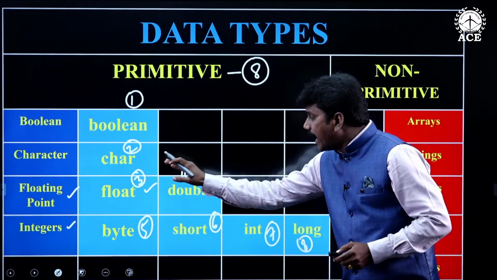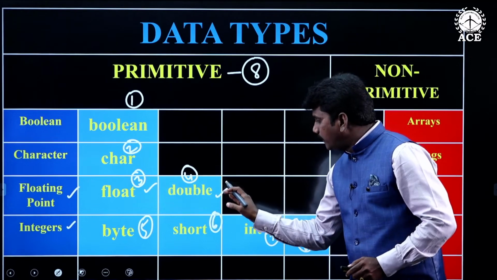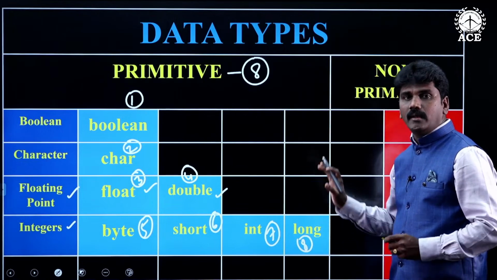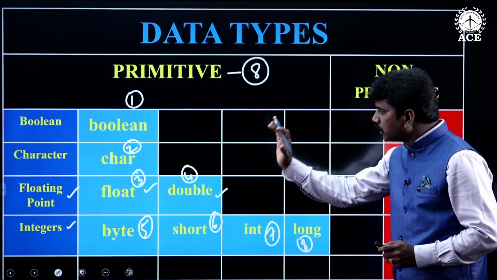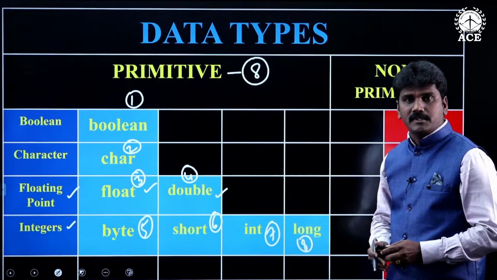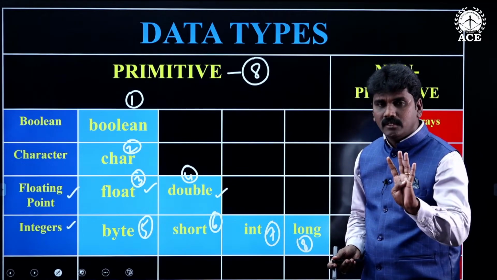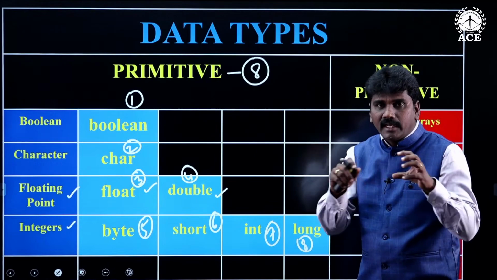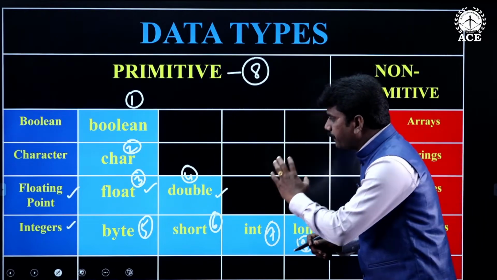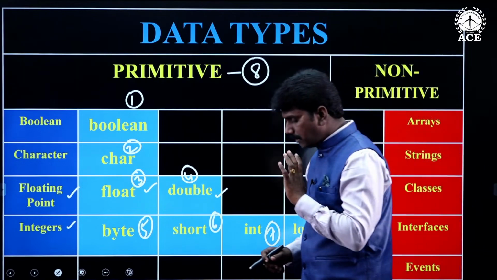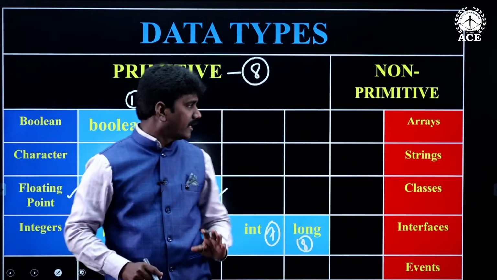Boolean, char, float, double, byte, short, int, long. So these are the primitive data types. The primitive data types are of 4 groups, and the 4 groups can be categorized into 8 different types.